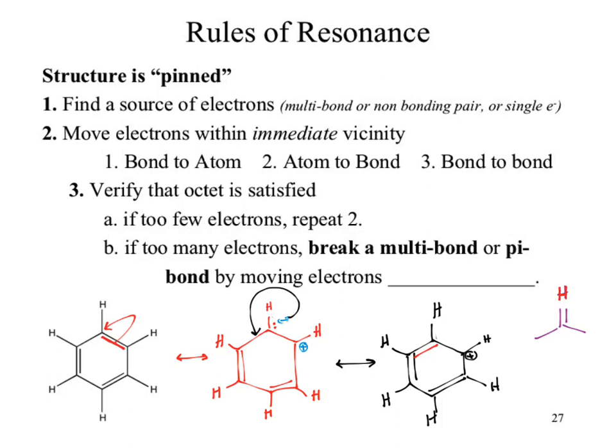Same thing's going to happen here. Where have I exceeded the octet? Top left carbon. This carbon has exceeded the octet. So I need to break a multiple bond. And I'm going to break it by moving the electrons away from our exceeded octet. Could you move it around the structure? Jumping ahead a little bit.